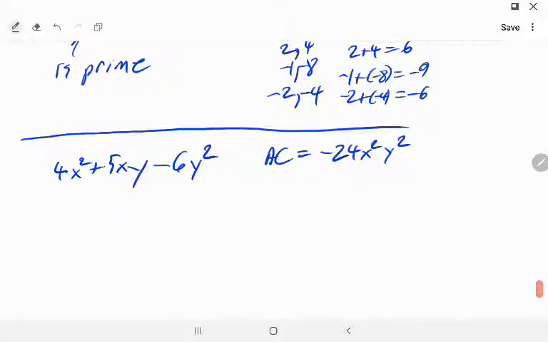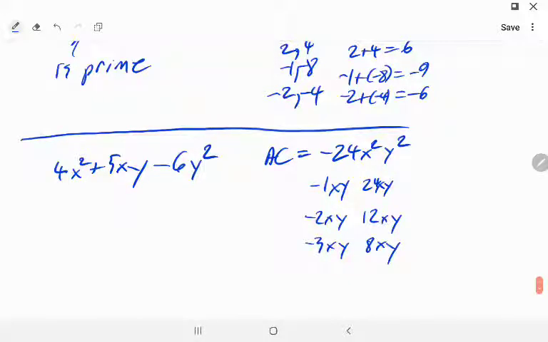So we can look at that as negative 1xy, 24xy, negative 2xy, positive 12xy, negative 3xy, positive 8xy, and we notice that's a positive 5.